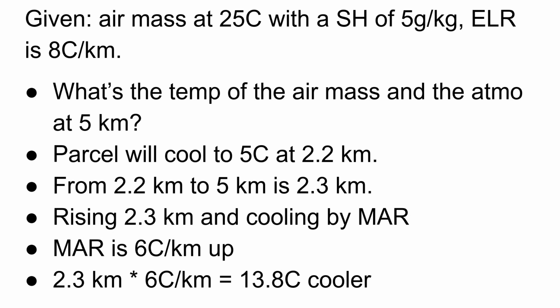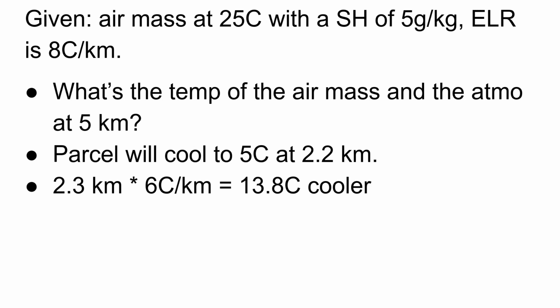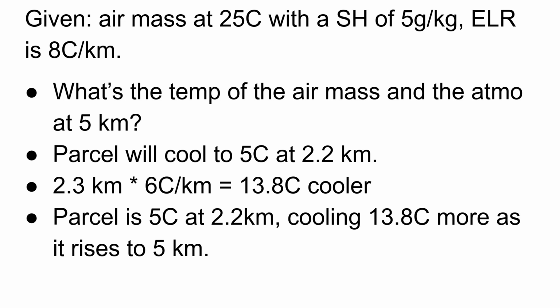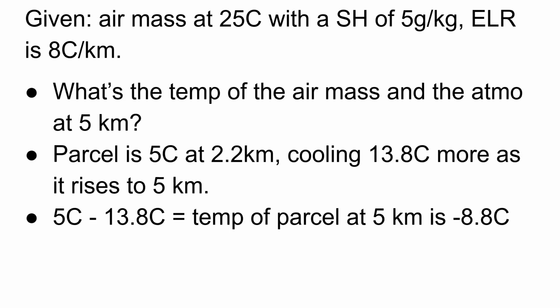It's going to be 13.8 Celsius degrees cooler than it was at 2.2 kilometers. So it's going to cool by another 13.8 Celsius degrees. Parcel was 5 Celsius at 2.2. It's going to cool more. 5 Celsius minus 13.8. So the temperature of the parcel at 5 kilometers is negative 8.8 Celsius.